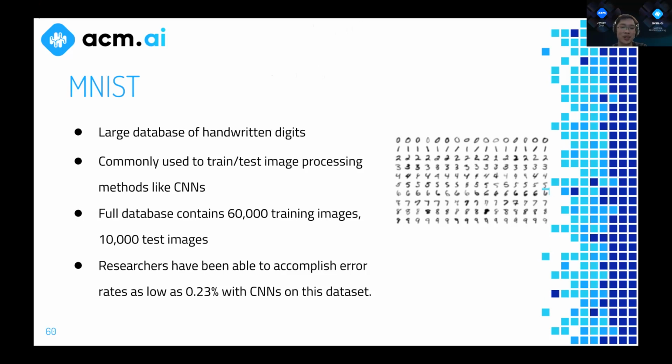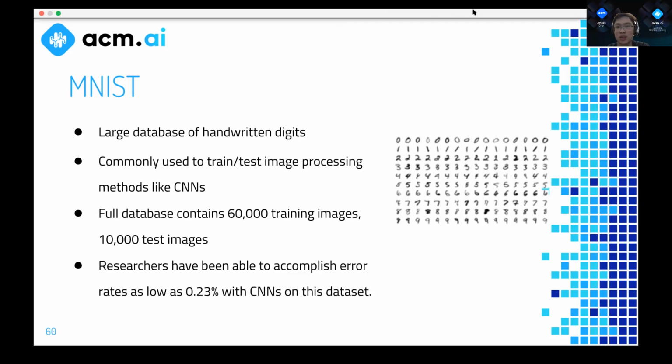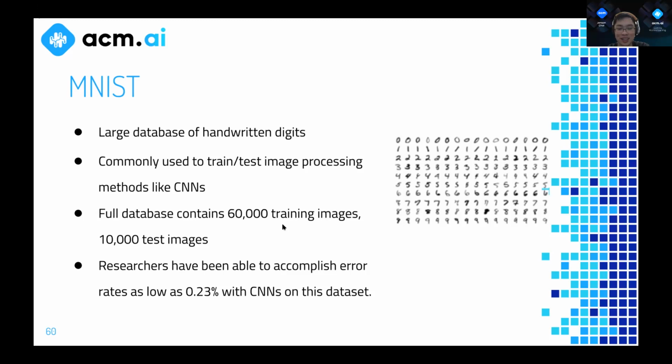So getting an error rate as low as 0.23% is very promising. And that's why big companies like Lyft and Uber are trying to invest in self-driving cars, because CNNs are showing very promising results.